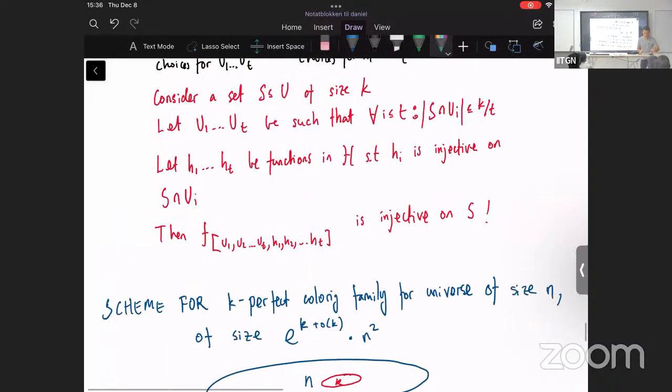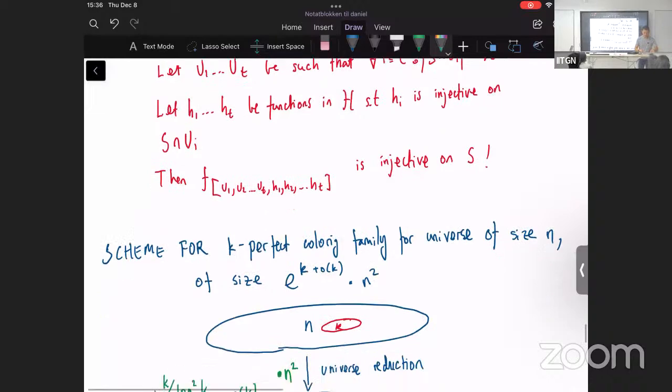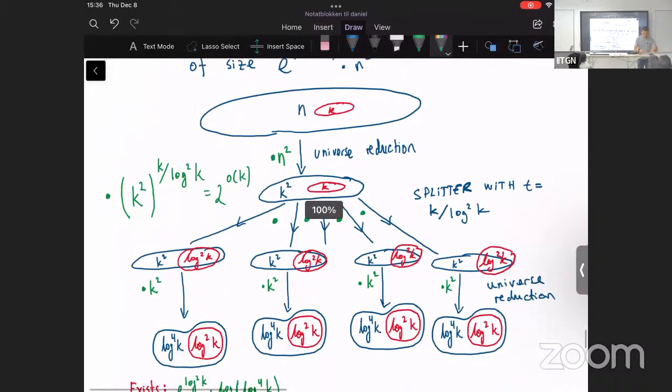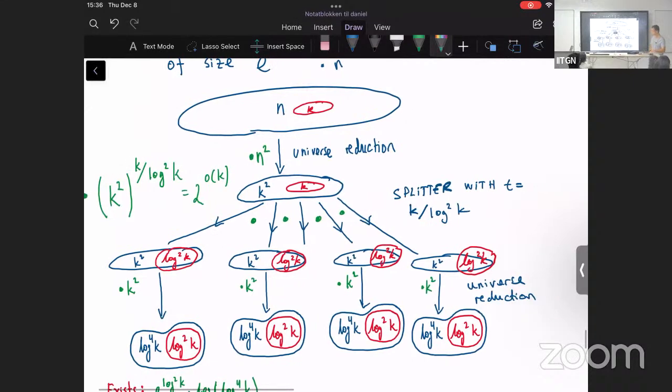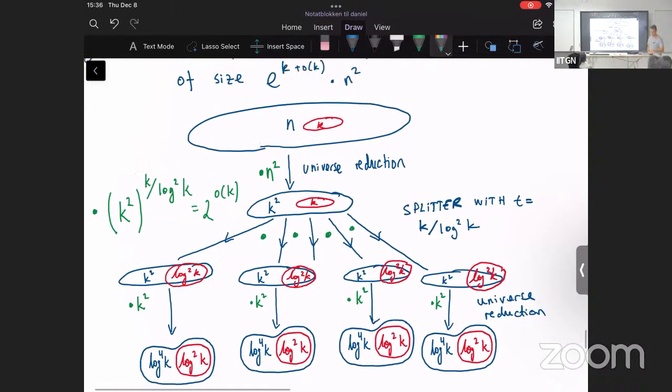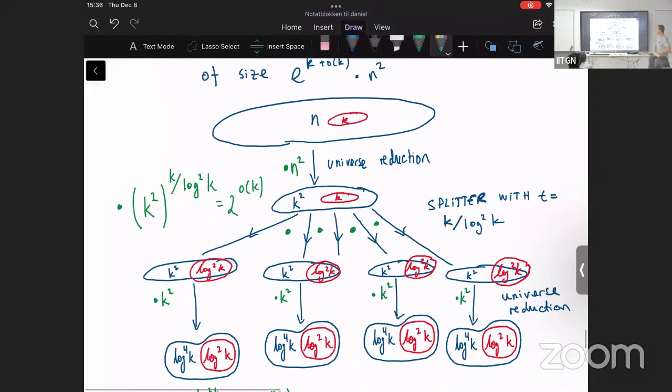Now, let me give you the scheme for the final thing. I'm trying to multicolor some hidden set of size k in the universe of size n.